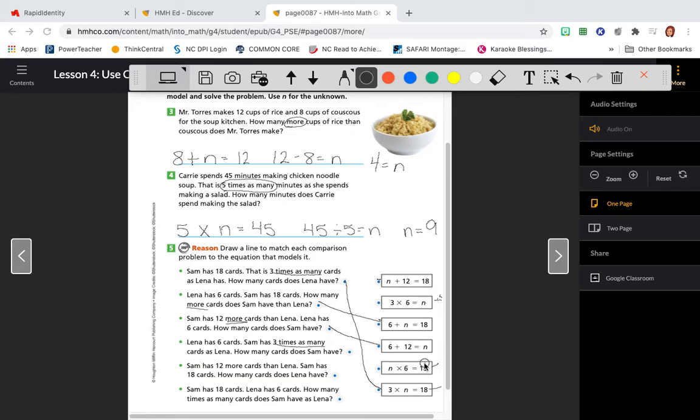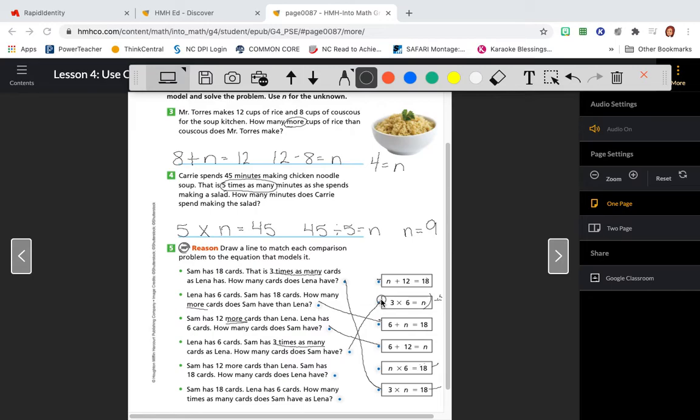So let's look at your comparison again. She has 6 cards. Sam has 3 times as many. How many cards does Sam have? Well, let's look at what we have. We know that she has 6. He has 3 times as many. So we're looking for this product here. So that's the equation that matches the comparison.